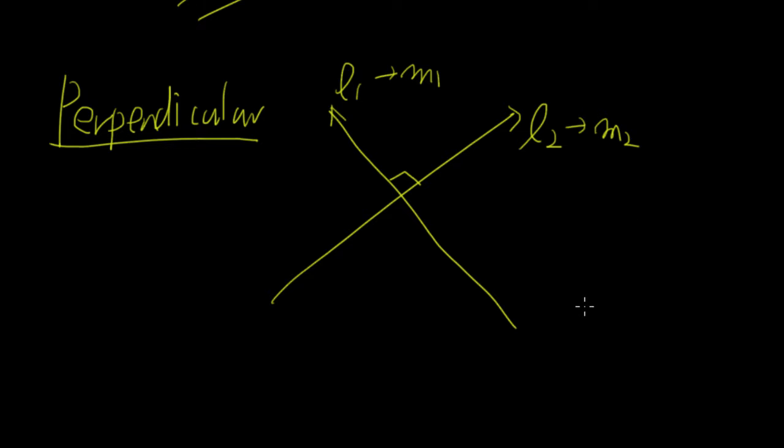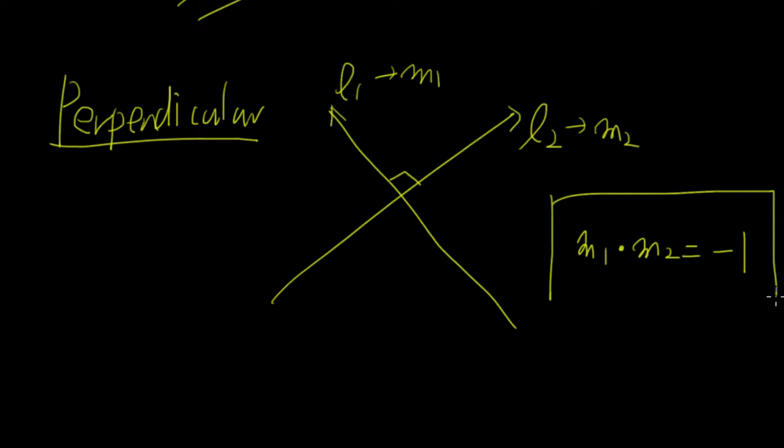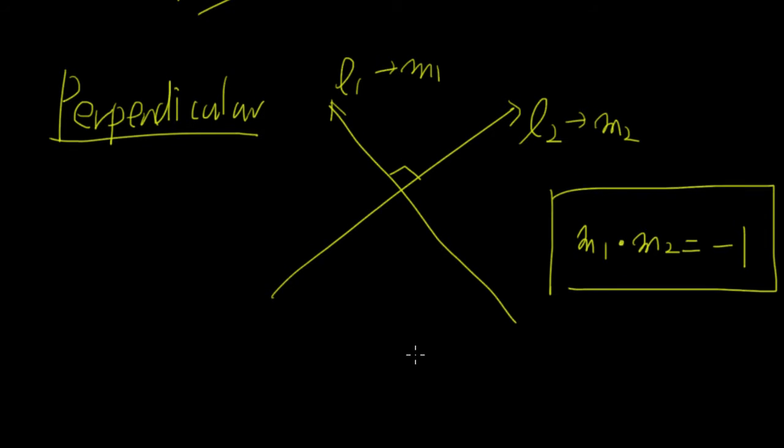Meaning, if you flip one of them and put the negative in front, then it should be the same as the other. In other words, m1 times m2 must be negative 1.